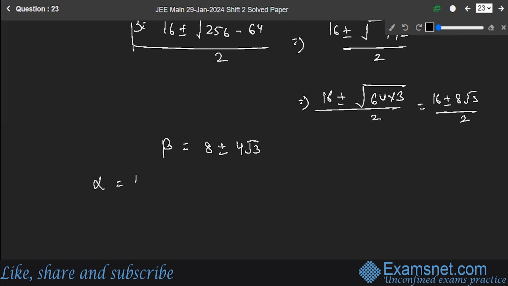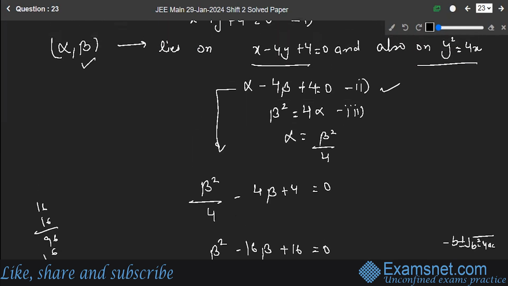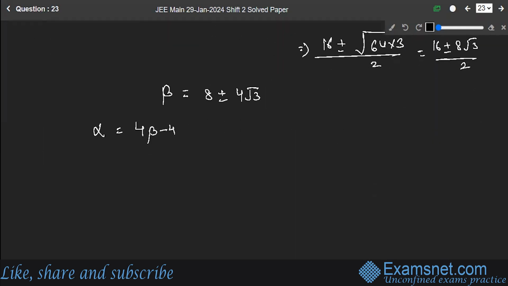So you had alpha as 4 beta minus 4 from this equation. Using the value of beta, alpha will be given by 4 into 8 plus minus 4 root 3 minus 4, that is 32 plus minus 16 root 3 minus 4.